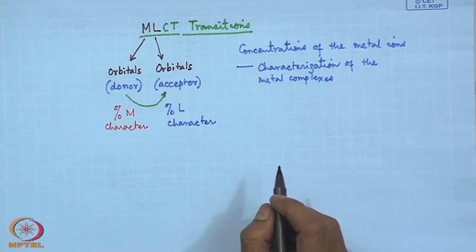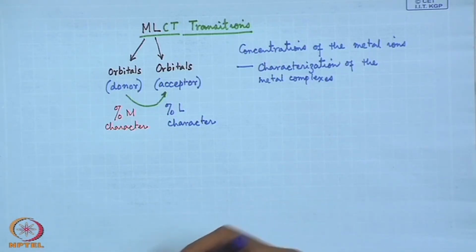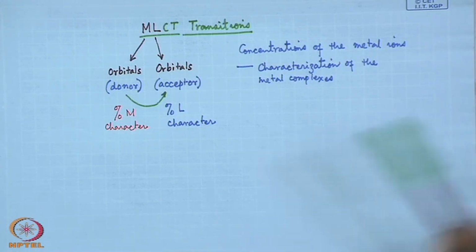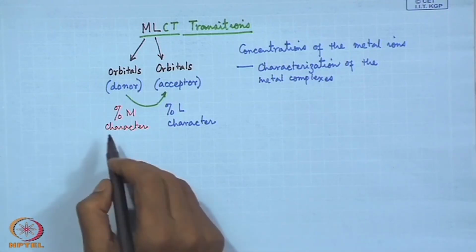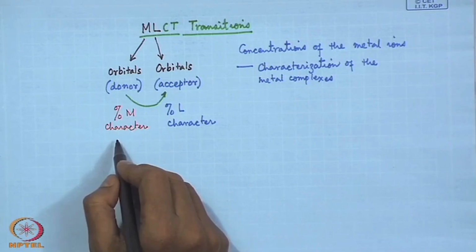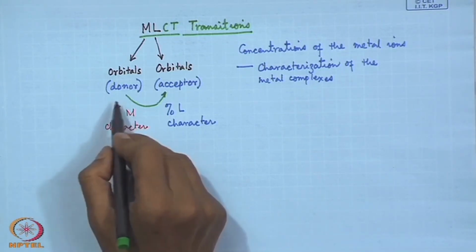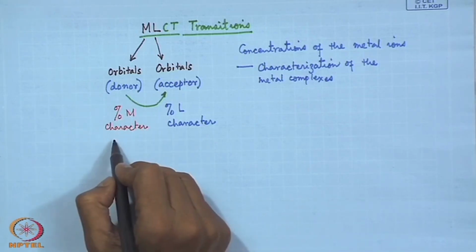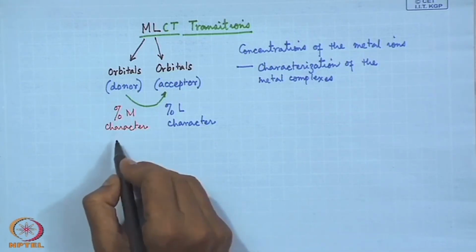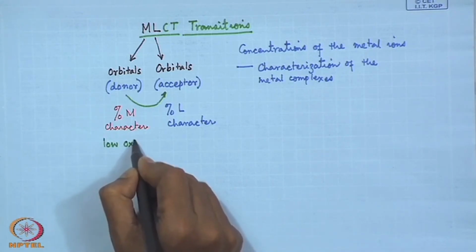So it is important to know the amount of charge transfer taking place from one center to the other. When the metal center is responsible for donation of electrons, the metal should be highly reducing in nature, that means it has some excess electronic charge, that means it is in a low oxidation state.